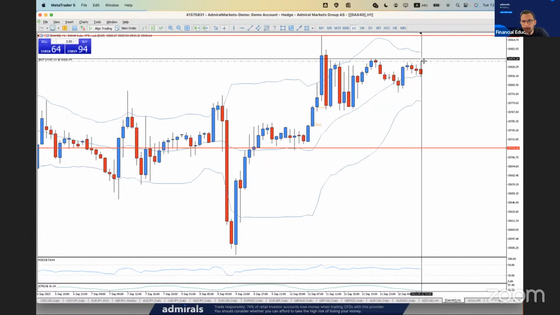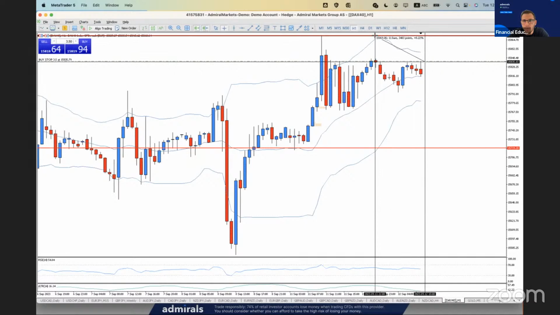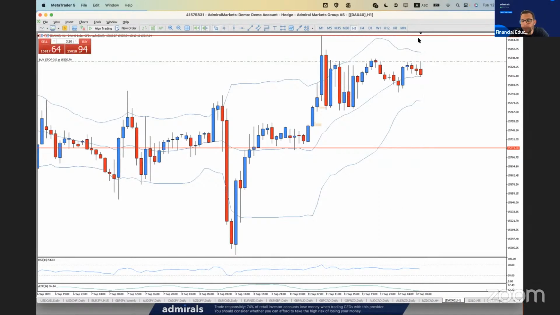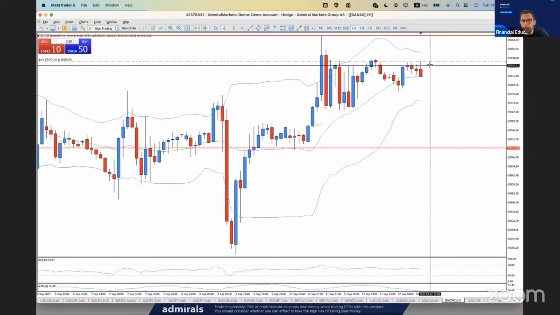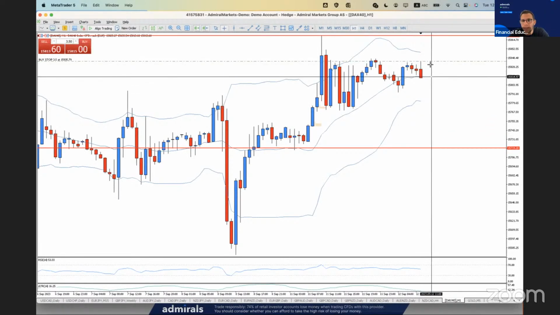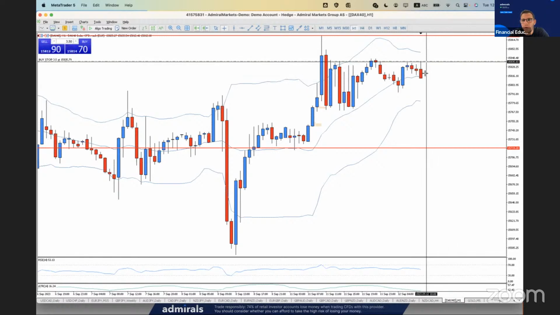That's what I'm planning to do. 35 points for the market to retest this next level of resistance. So I'm going to go with a buy stop here, and I'm going to have a stop loss of 20 pips. Now, what we see, the price is creating a bearish engulfing on the hourly chart.